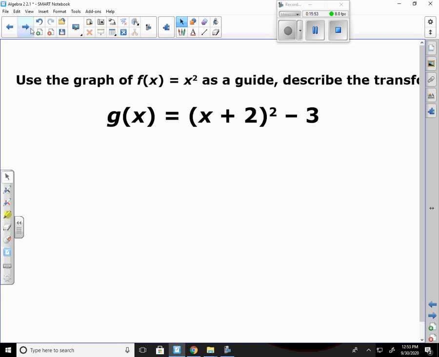I want you to try this one. Use the graph of f of x equals x squared as a guide. Describe the transformation. Here, this starts as a plus 2.